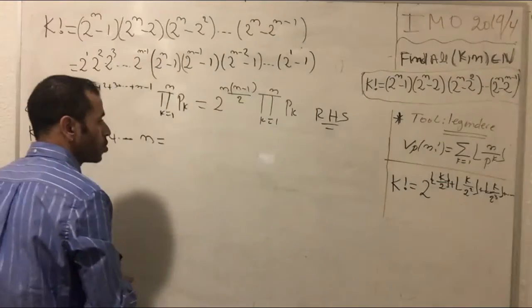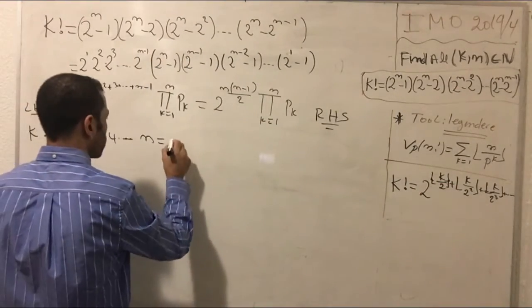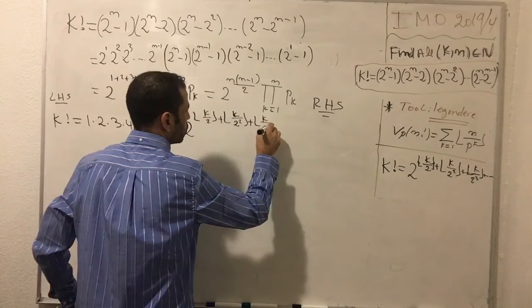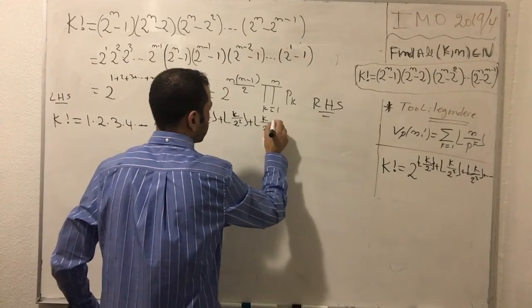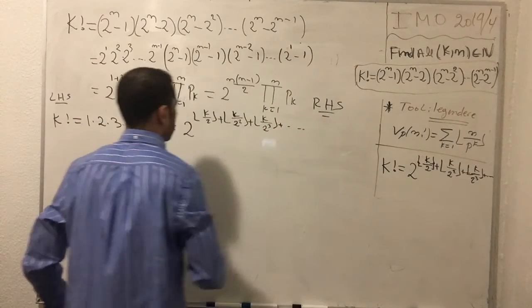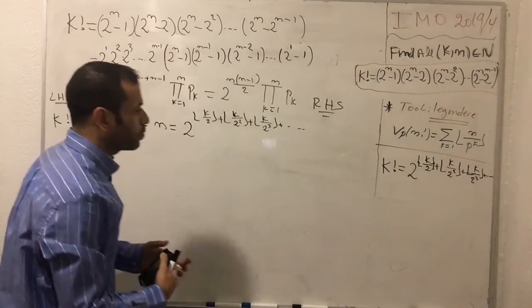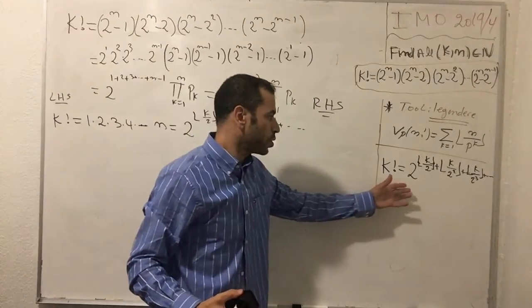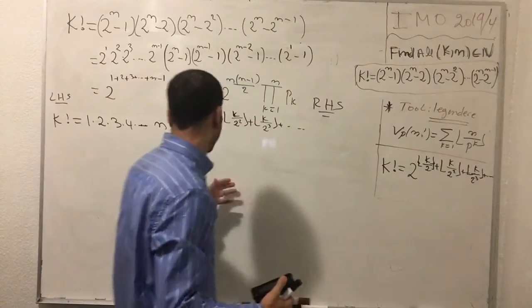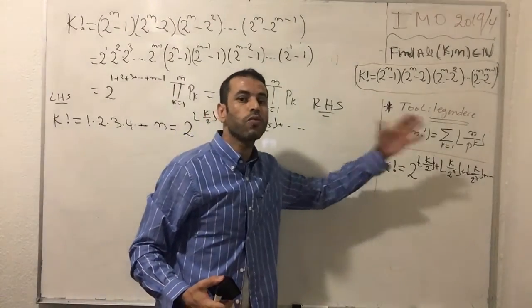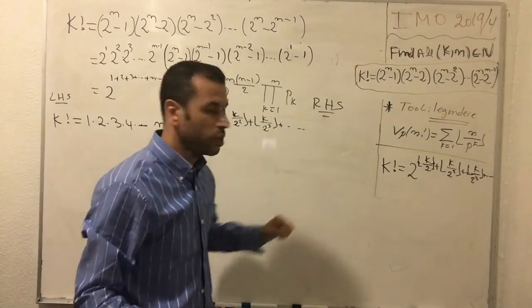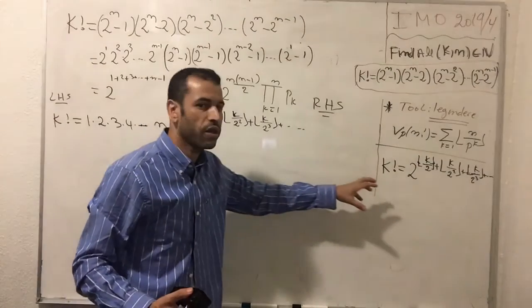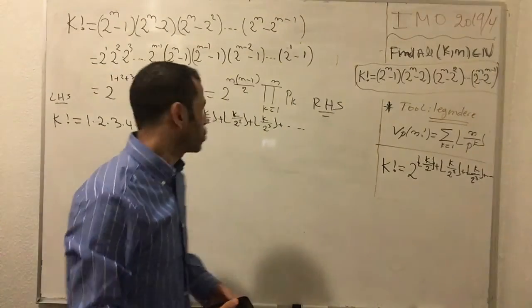So this one equals floor of k over 2, plus k over 4, plus the multiples of 8, that means 2^3, and so on. I'm not writing out all these numbers because k factorial has too many numbers. I'm picking up just what I need, just extracting the terms that I need. So I leave the rest.